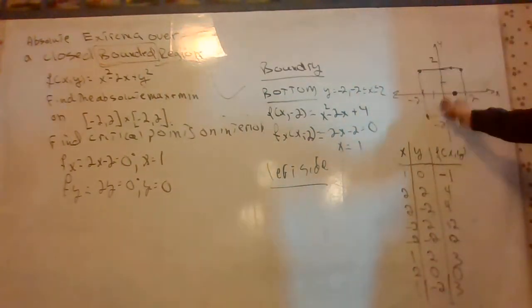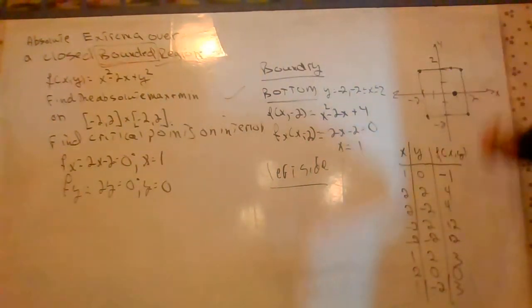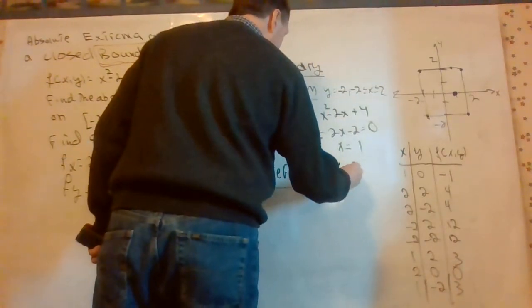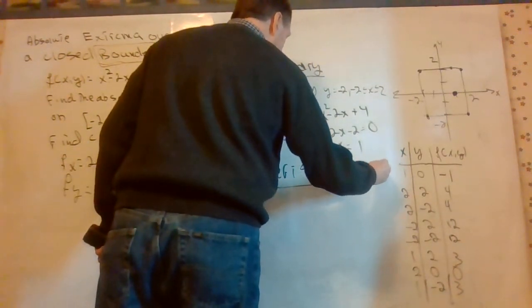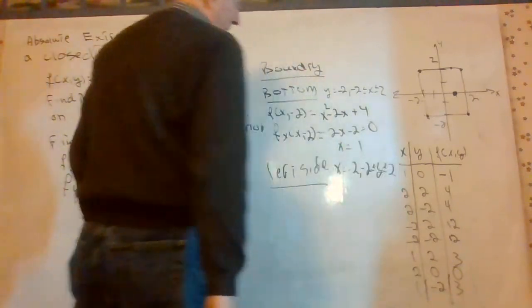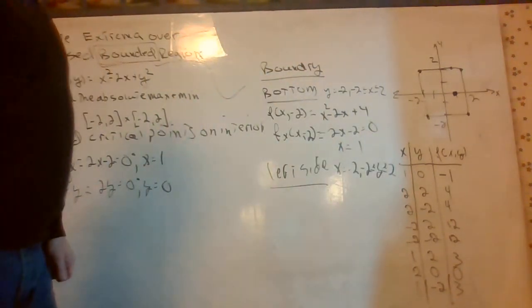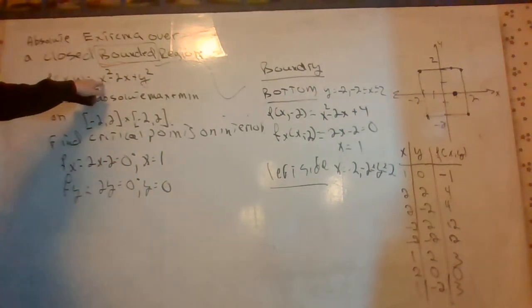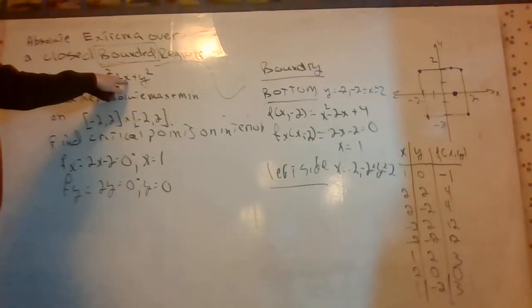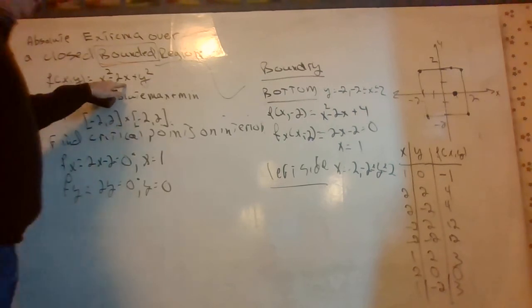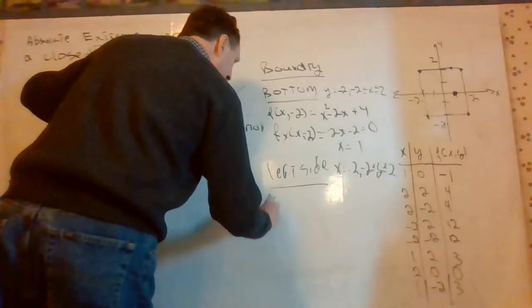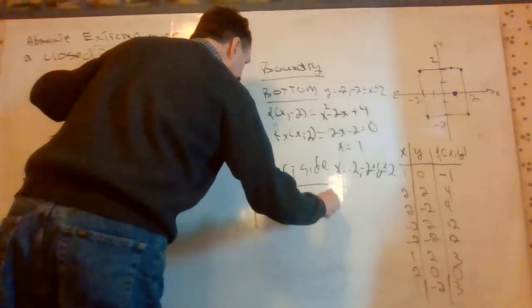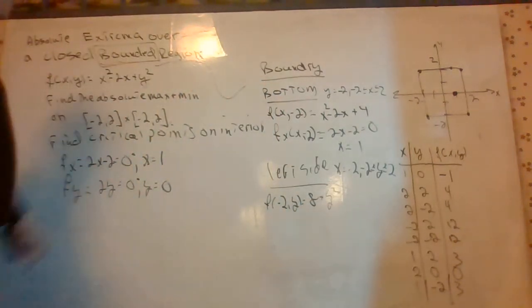On the left side, x equals -2, right? So we can plug in -2 gives us 4. Plug in -2, it's 4. 4 and 4 is 8, plus y squared.